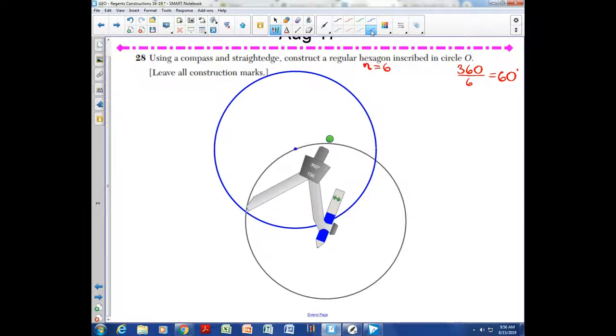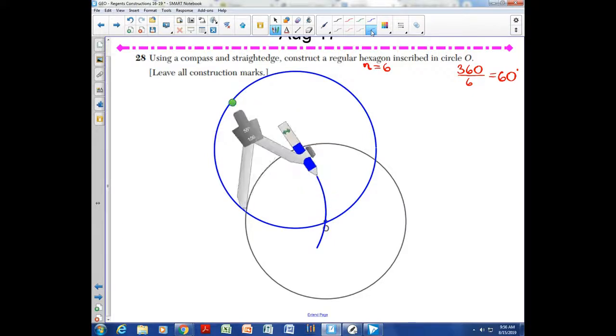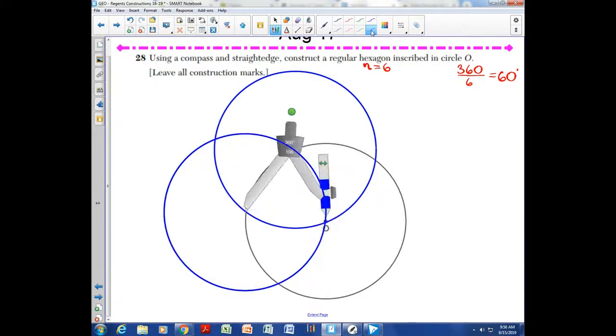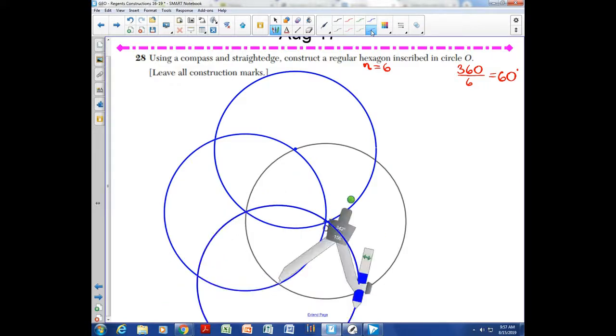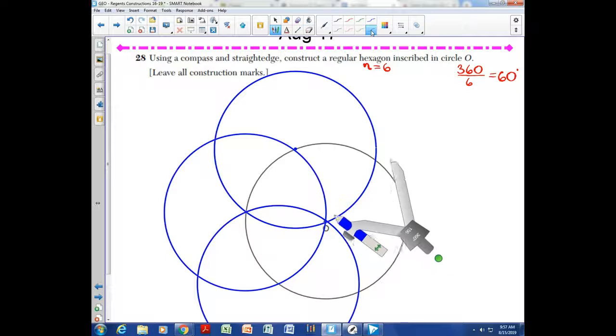So now I'm going to go to each one and draw another circle that goes through the center of the circle. And then I'm going to go to this one. Let's see, it's creating this flower. I'm going to go over to this one.